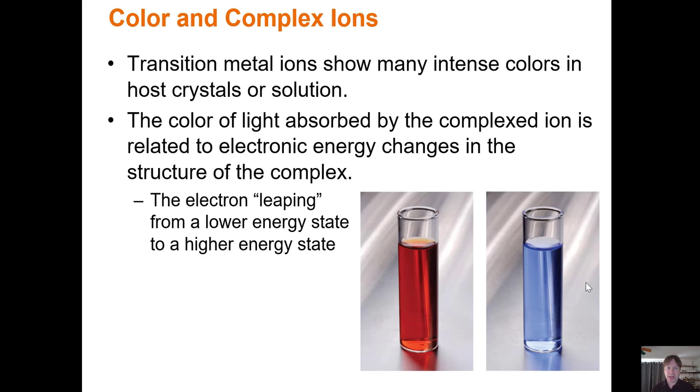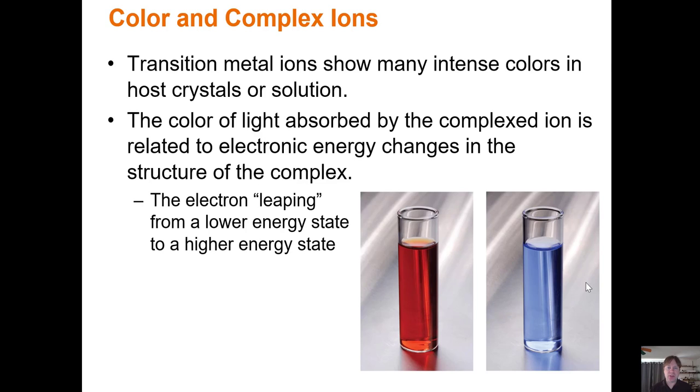One of the reasons we might care about this is that that splitting, whatever that delta is, is usually pretty small, and it is responsible for some of the colors we will see with these kinds of complex ions. You've actually seen some of these already in the lab practical. Depending on which unknowns you have, you could have added something to see a bright color. Those intense colors are because of that delta.